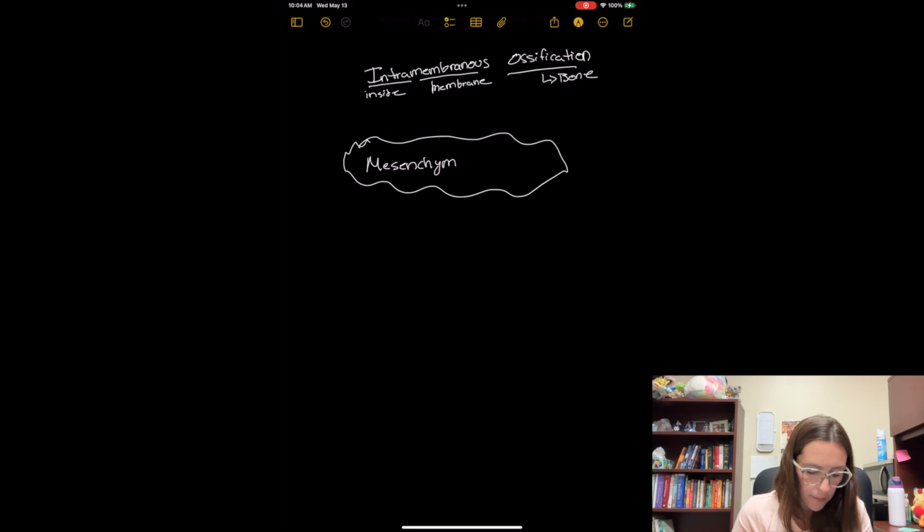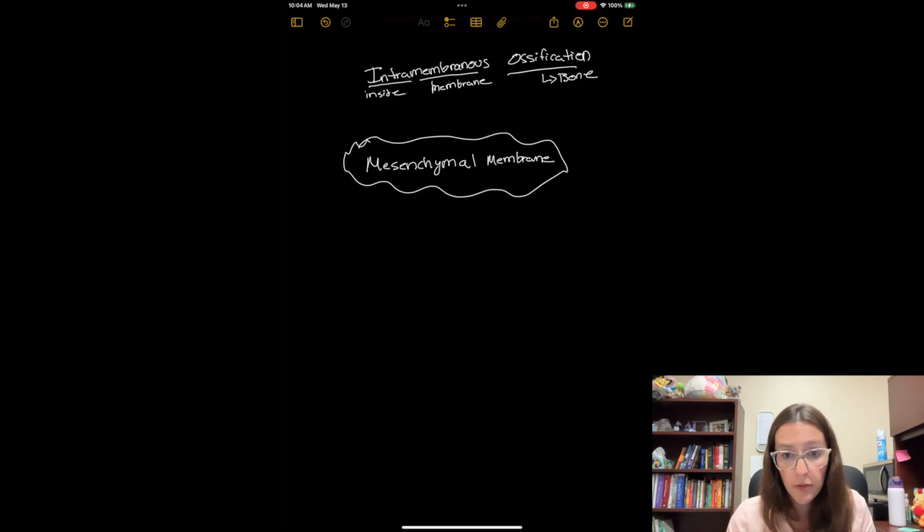For intramembranous ossification, we start with a membrane. Okay, it's going to be a mesenchymal membrane. So it was made in development from the mesenchymal cells, which are cells that can develop into connective tissue cells like bone.